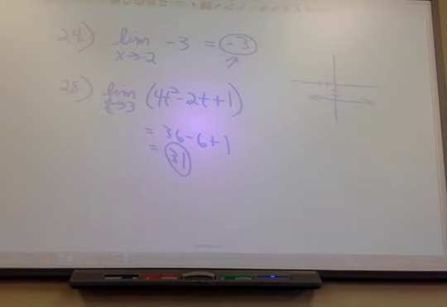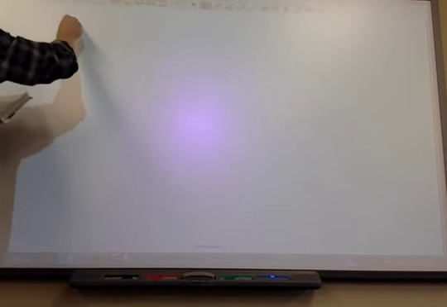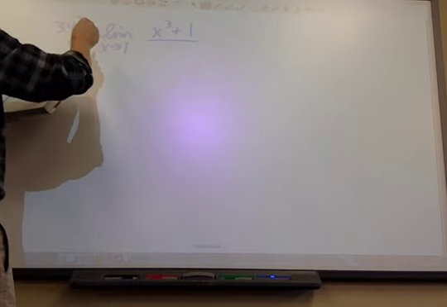Same type thing for 34. What if you're given that one? I don't think you would have a problem there either. The limit as x gets close to 1 of x cubed plus 1 over 2x cubed plus 2.